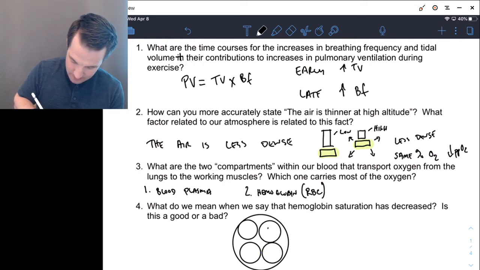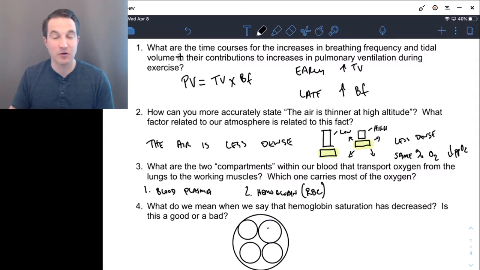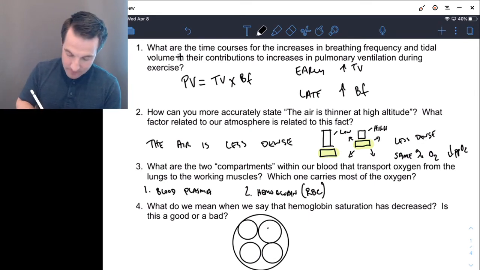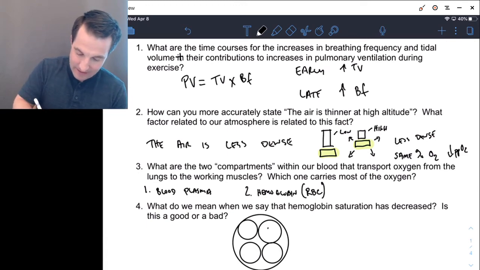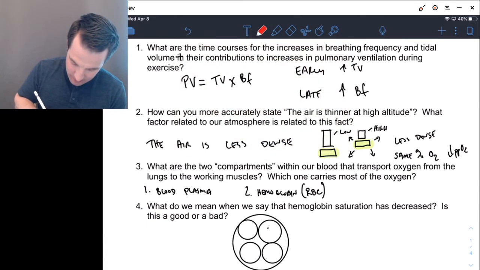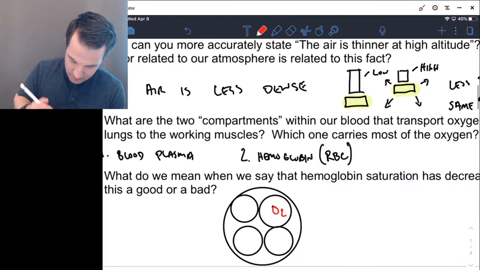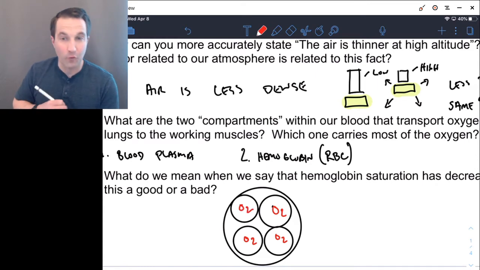And 4. Okay, not exactly the best size, but overall what you can see there is that we have 4 hemoglobin subunits within our red blood cell. Okay, when we say it is saturated, here's 1 oxygen, here's 2 oxygens, 3, 4 oxygens. So that is a 100% saturated molecule right there.